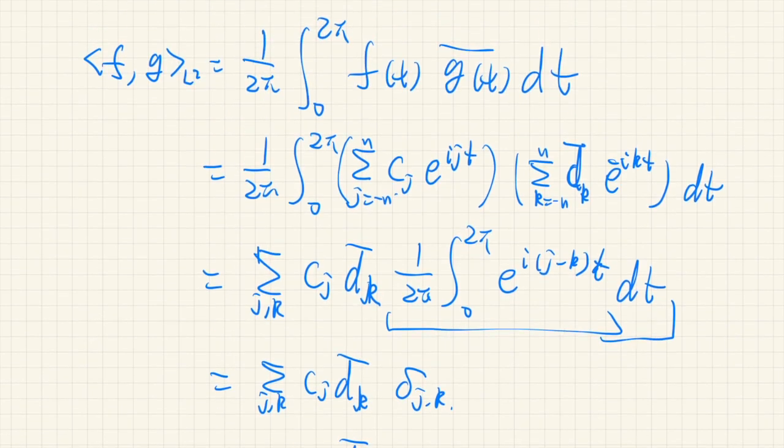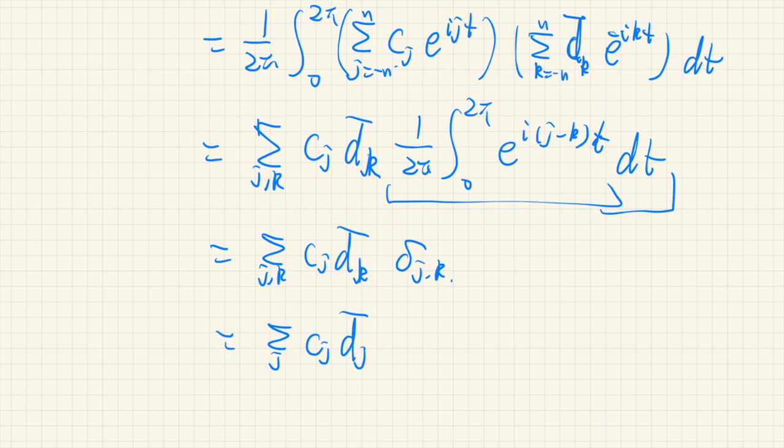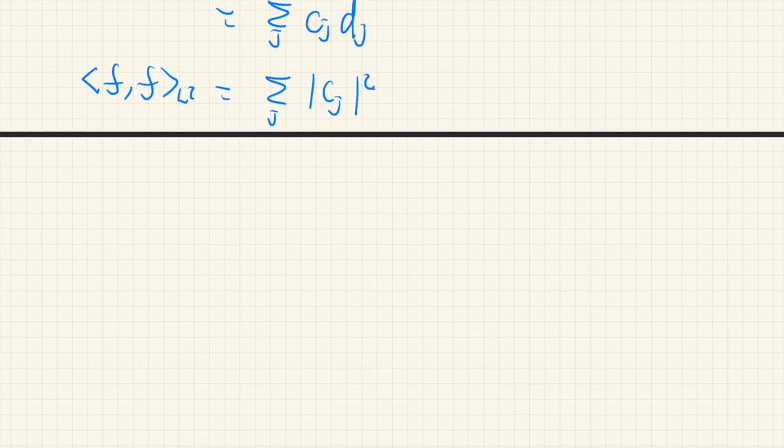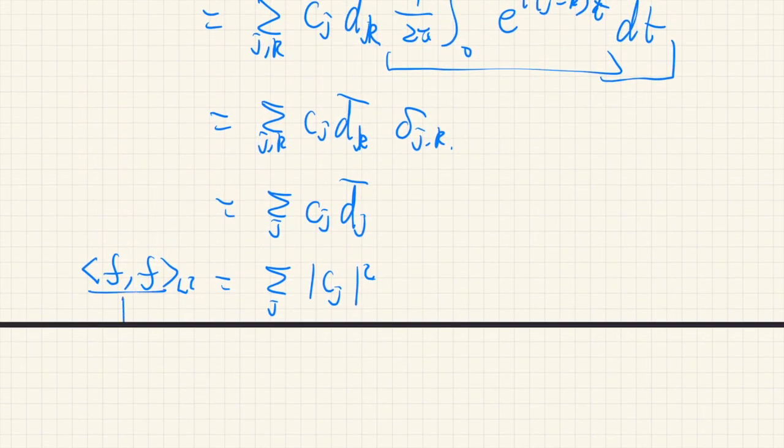And if we replace g with f, then this is equal to the sum of the absolute value of Cj squared. And of course, this one is equal to the norm of f squared.